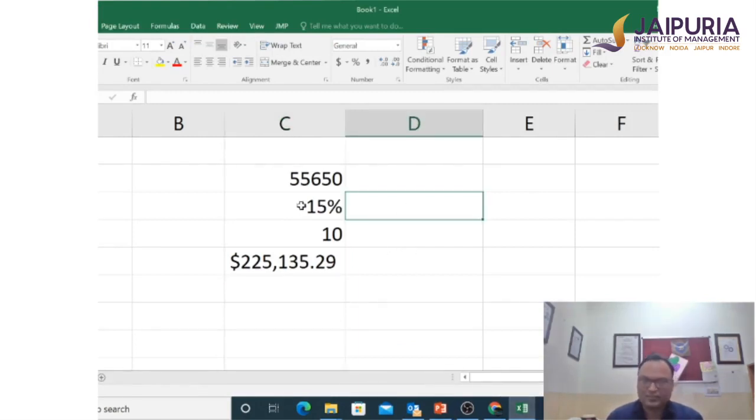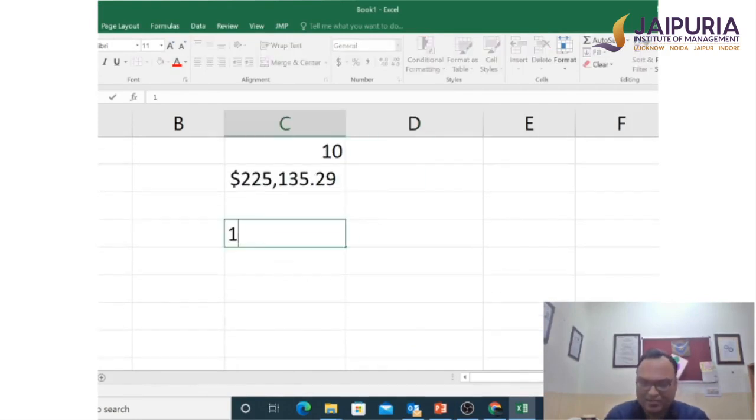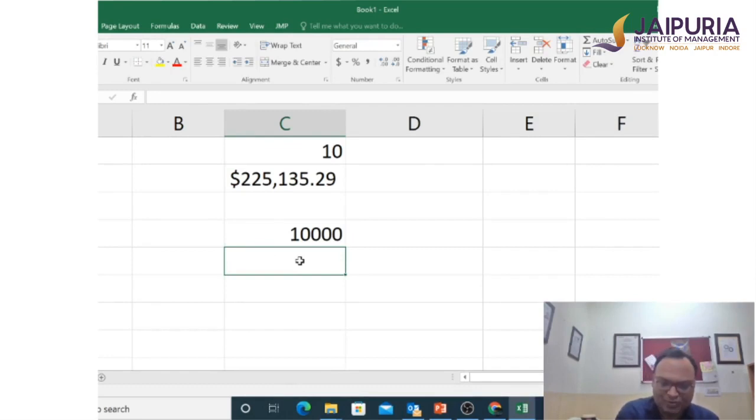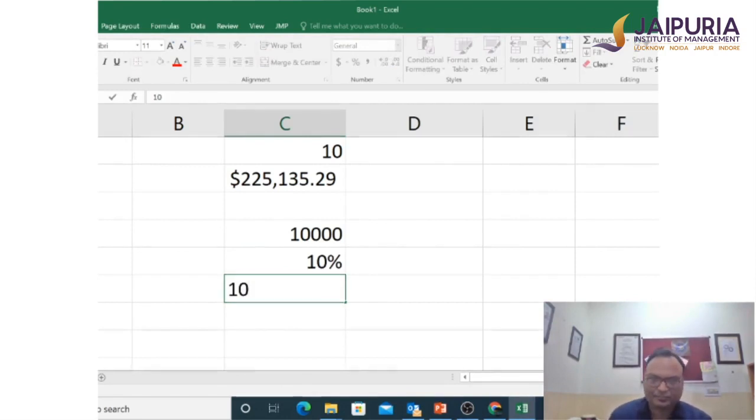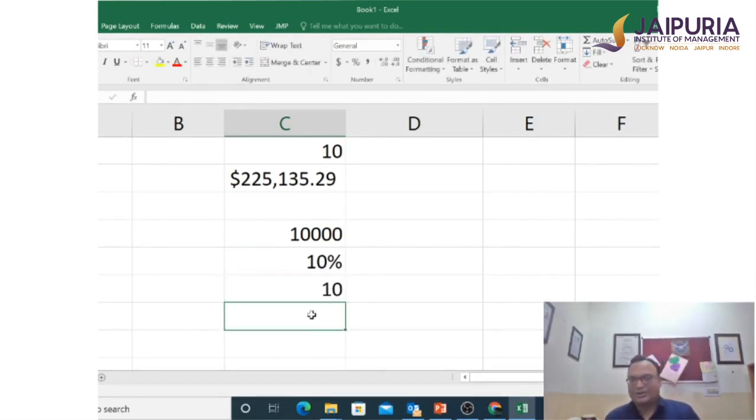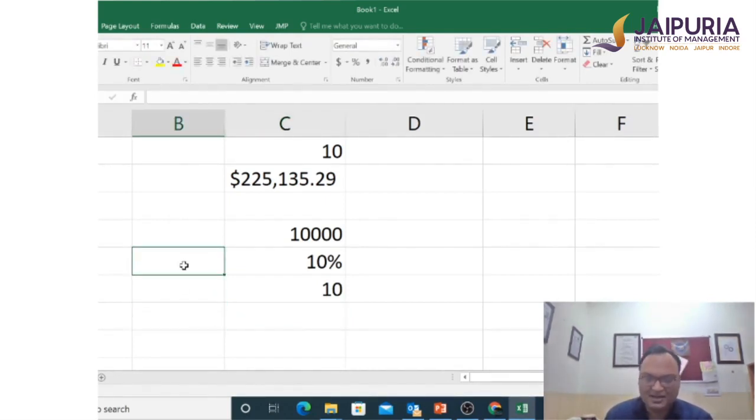For example, let me take 10,000 rupees deposited, and the rate of interest is, let's assume, 10% per annum, and time is given as, let's say, 10 years. Right, so time is 10 years. Let me take the future value, and we'll take all examples. First, it's the yearly compounding.